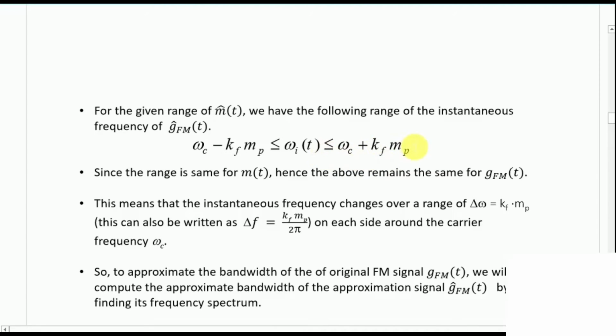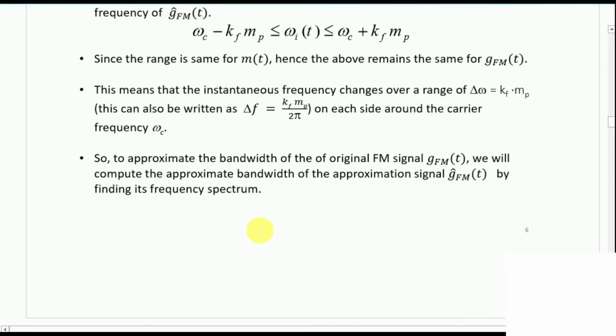And this kf mp is the frequency deviation, which we call delta omega, in radians per second, or simply in hertz, kf mp over 2 pi, that is delta f, right?